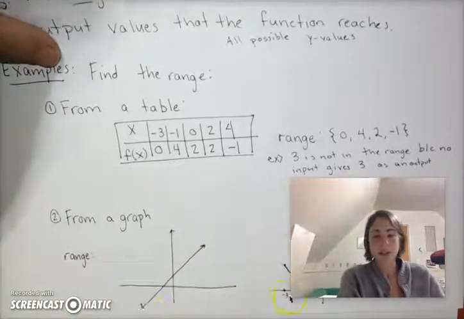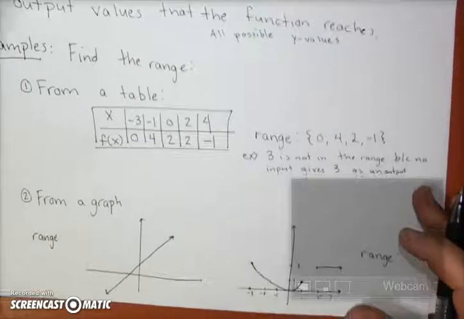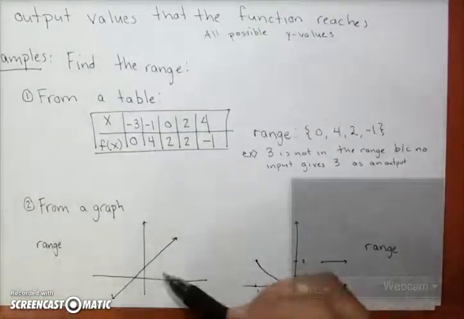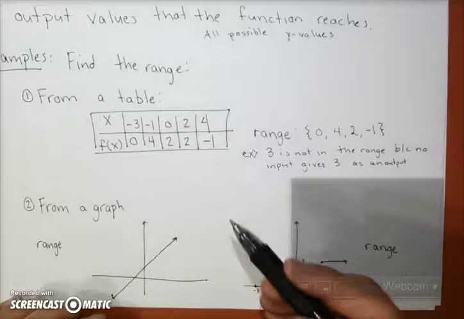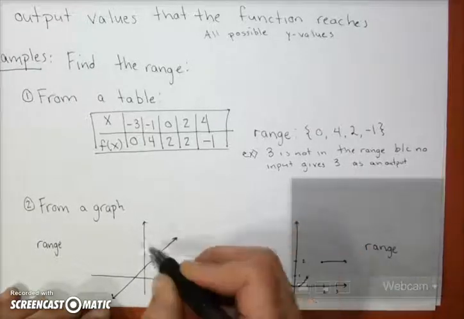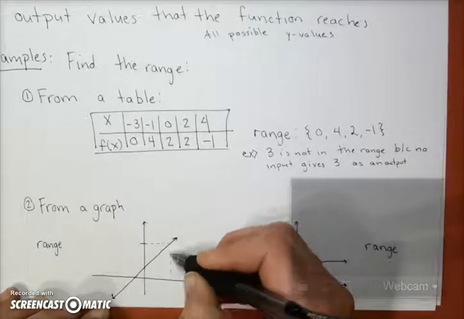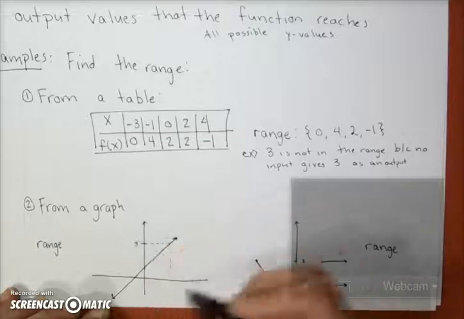Okay, so from a graph, things might be a little bit trickier, but not too much. So if we look at the graph of a line, then given a y value, I look to see if there's an x value that has it as an output.